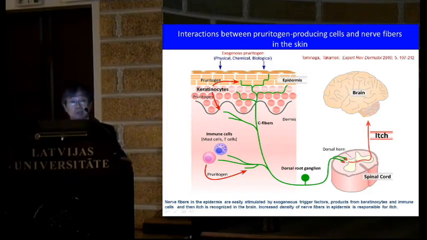Epidermal nerve fiber is easily stimulated by exogenous pruritogens such as physical, chemical, and biological stimuli, and also by products from keratinocytes and immune cells. The signal of excitation of nerve fibers transfers to the brain through the spinal cord, and then itch is recognized.